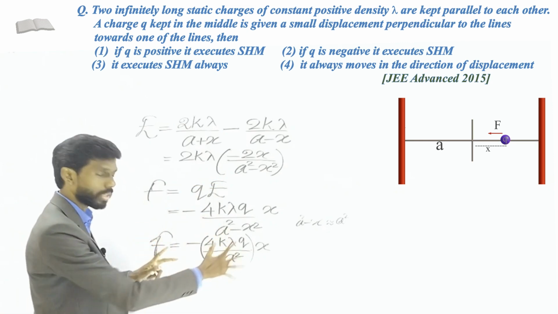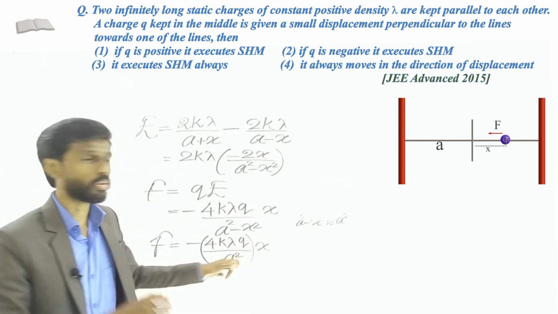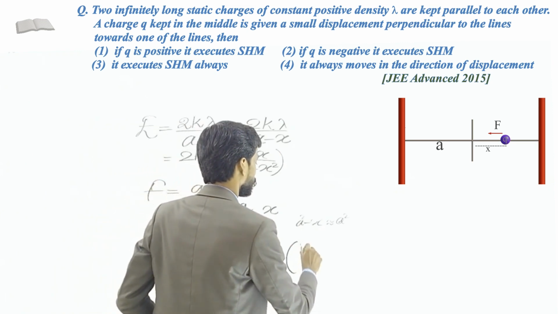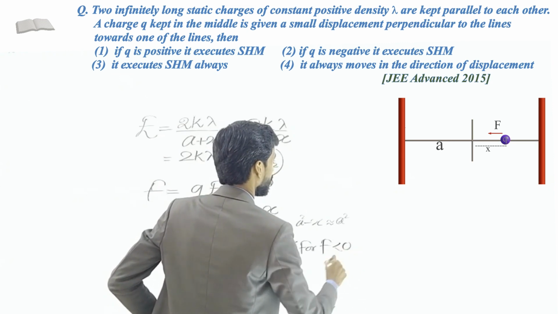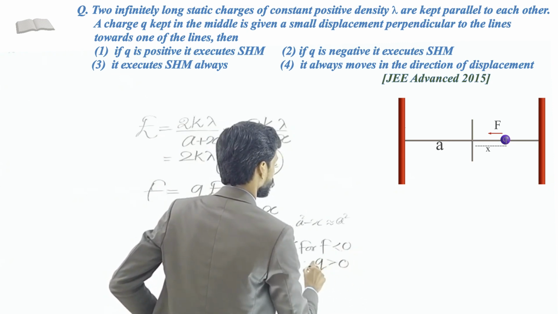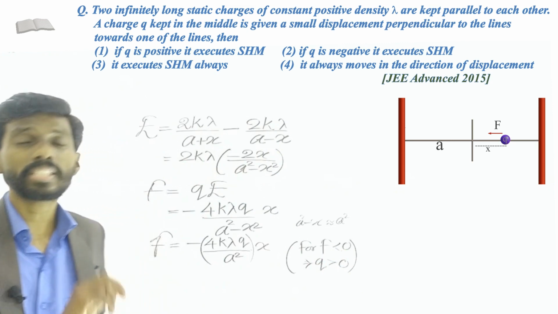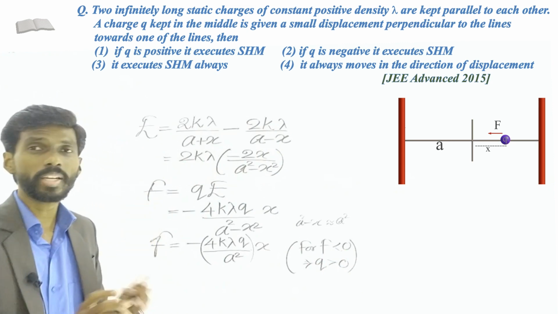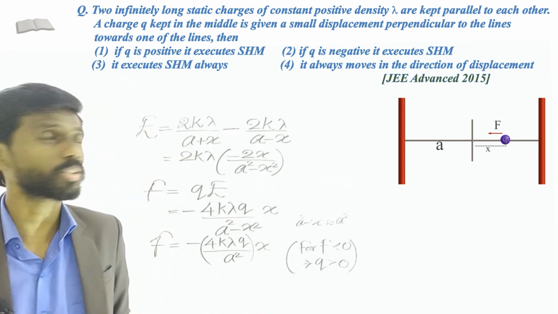So for this whole expression to be negative, the charge q must be positive. So if the charge q is positive, it executes a simple harmonic motion, otherwise no oscillatory motion. So that is the answer to the first question.